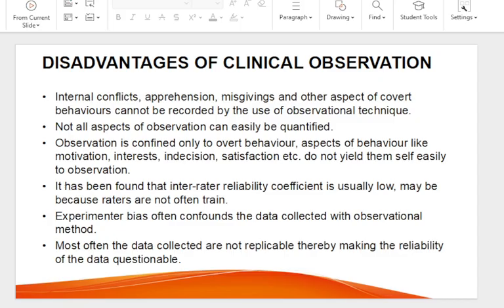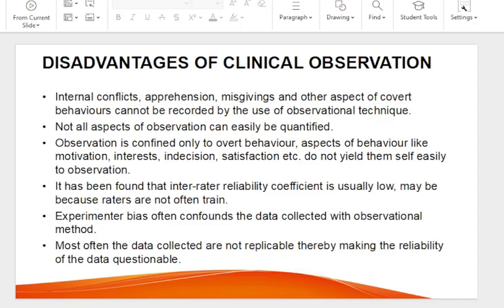So you are not able to quantify, or you are not able to record covert behaviors, which are unseen behaviors, mostly cognitive, that are hidden to the observing eye. Now, another disadvantage is not all aspects of observation can easily be quantified.